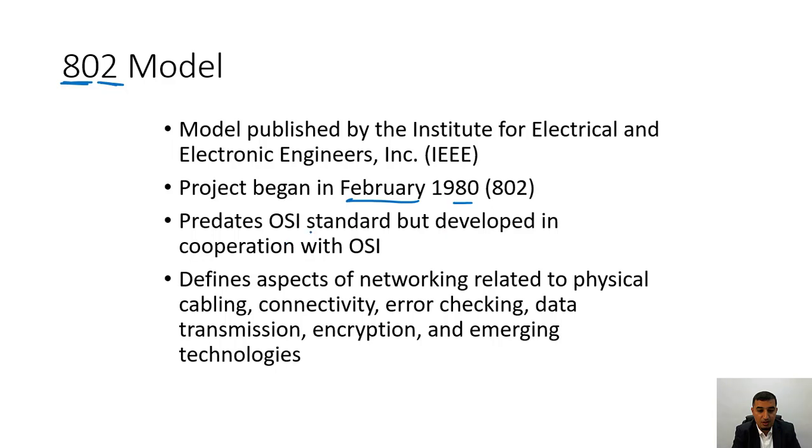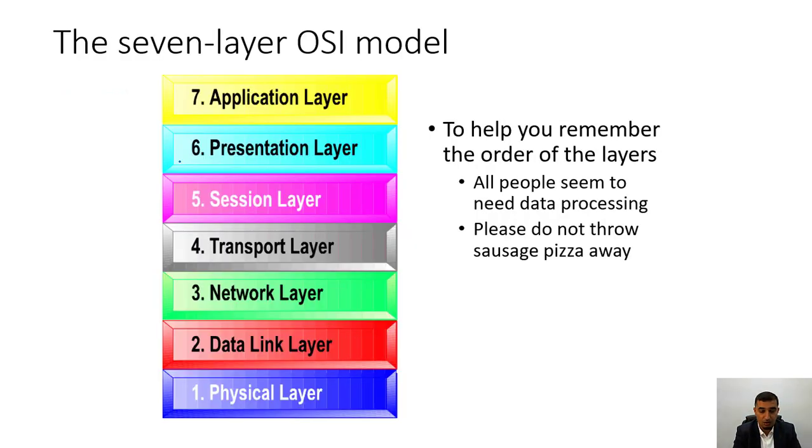It predates the OSI standards but was developed in cooperation with OSI. It defines the aspects of networking related to physical cabling, connectivity, error checking, transmitting, encryption, and emerging technologies. So everything related to networking later on came under the 802 model.